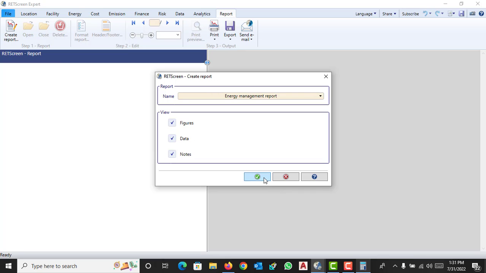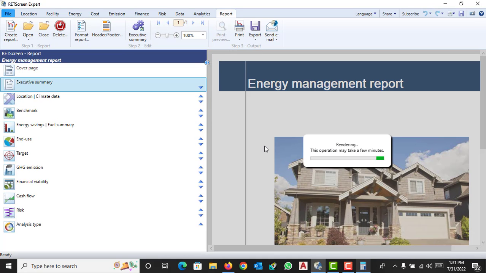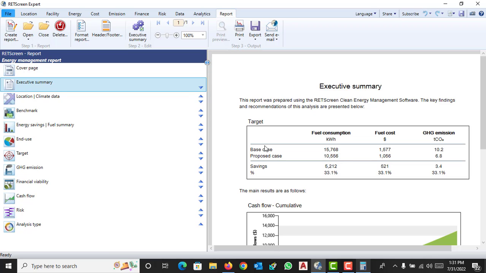So let's click on the report and check. In the executive summary, you can check that in the base case you are consuming $1,577 of fuel cost with 10.2 CO2 emission.